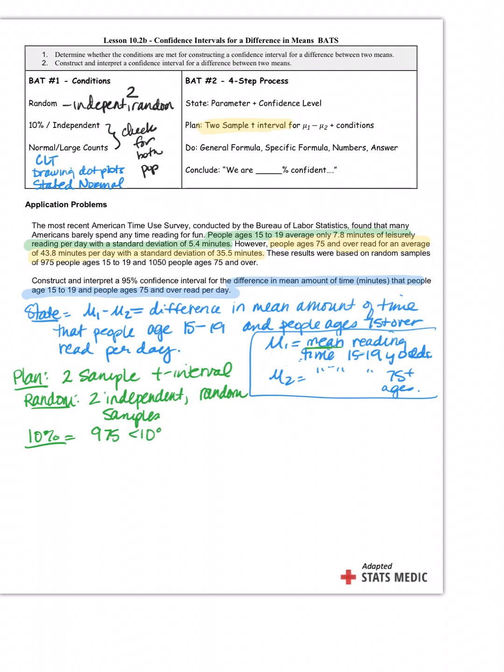Is that less than 10% of people aged 15 to 19? I think so. And then 1,050 is less than 10% of people aged 75 and up. Yes.